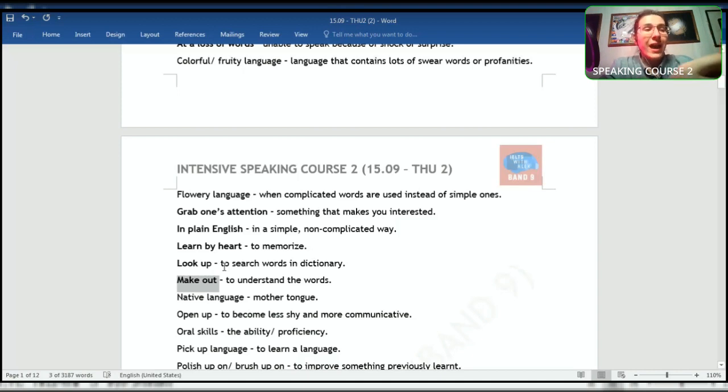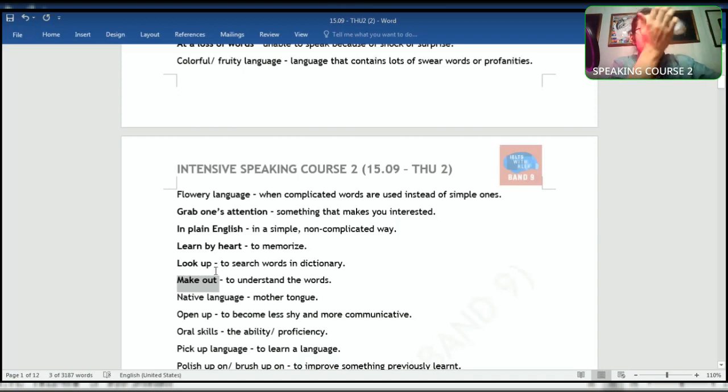Well, I understood that it is no. So usually it means that's what you understood. This is a little bit difficult to use. I recommend you look up this phrase online, find some examples, and then use them that way, because this phrase also has another meaning, which means to kiss. And so that's why it's kind of difficult. If you say make out with something, that means to kiss. So you cannot say I made out with the book. That means that you kissed the book. So it's a bit strange.